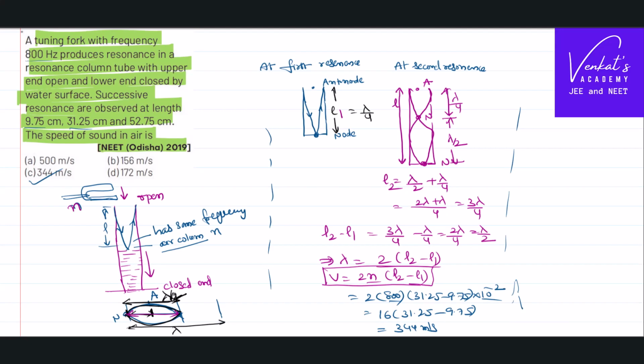While solving this problem, I have derived the expression for the velocity of sound using the resonance column apparatus. First resonance happens, and resonance repeats at other lengths of the air column also. That concept will be helpful in understanding things. Thank you for watching.